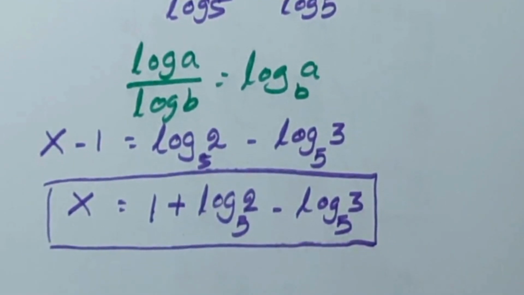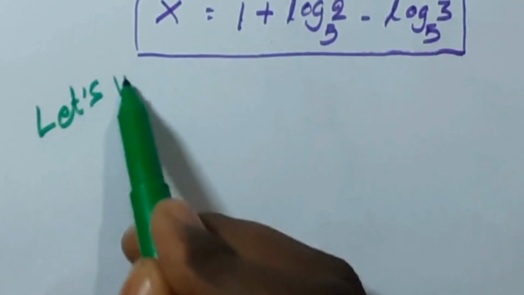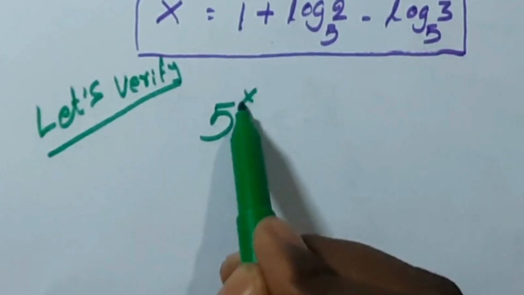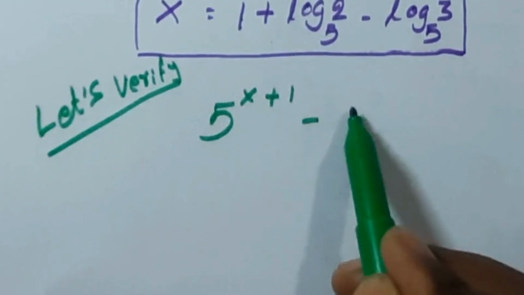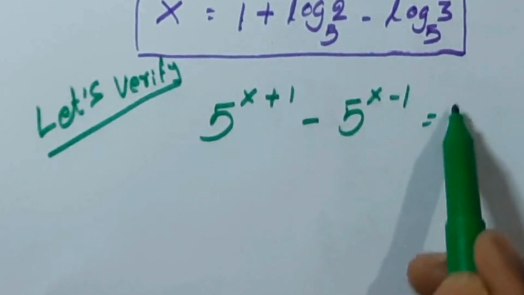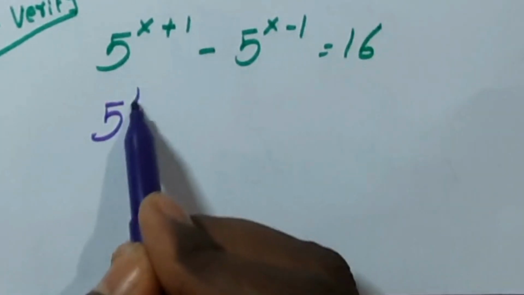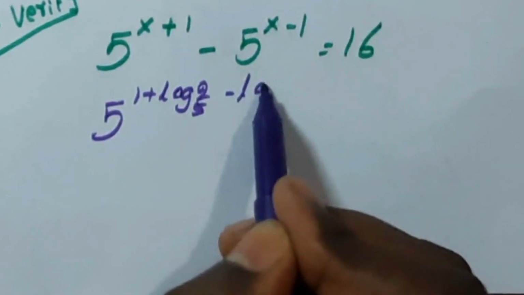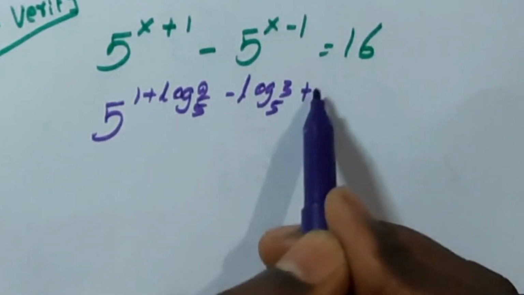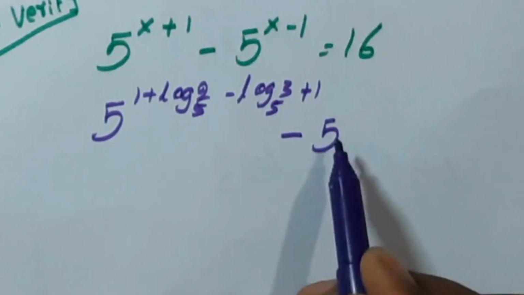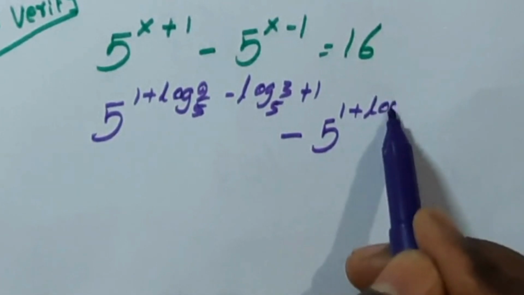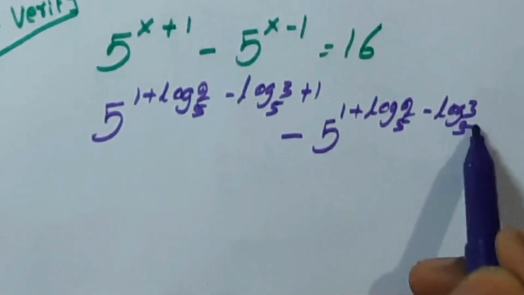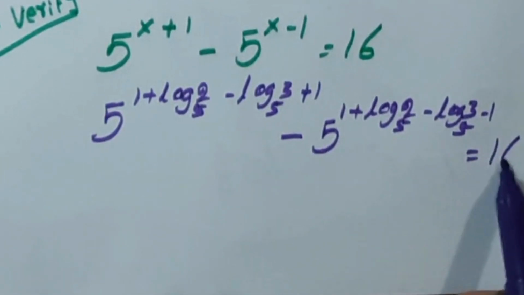We are going to verify now. Let us verify with the equation 5 power x plus 1 minus 5 power x minus 1 equal to 16. 1 plus log 2 base 5 minus log 3 base 5 plus 1, minus 1 plus log 2 base 5 minus log 3 base 5 minus 1 equal to 16.